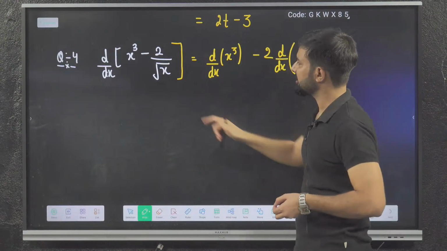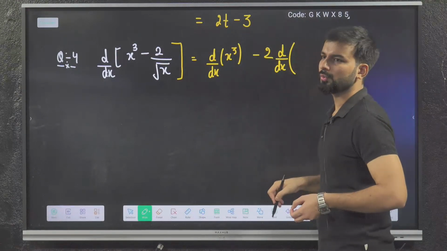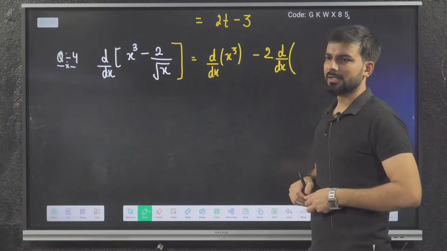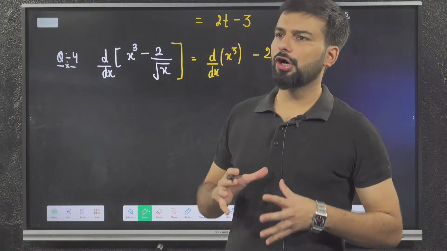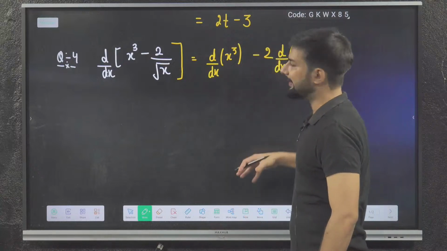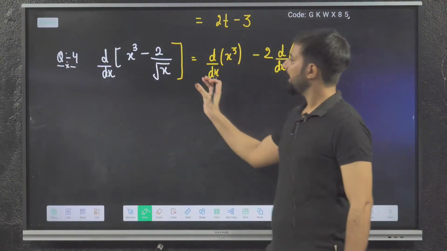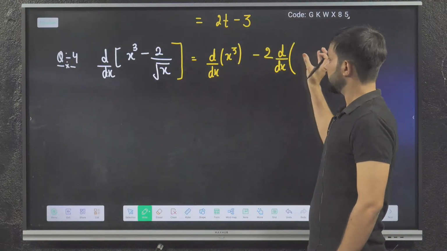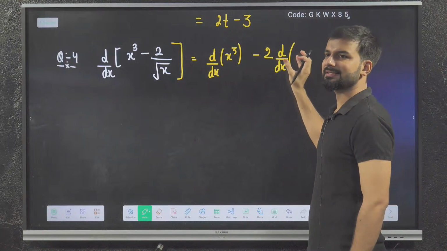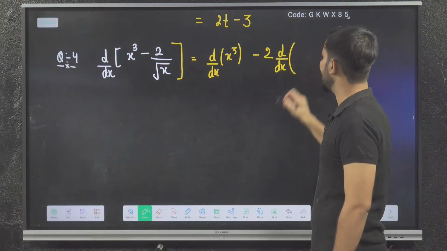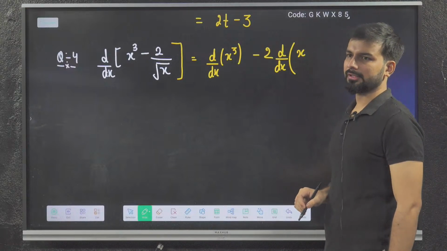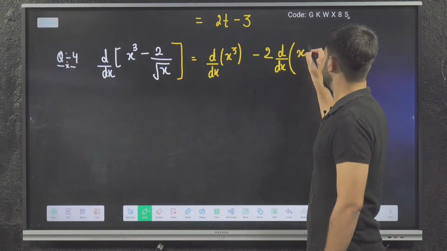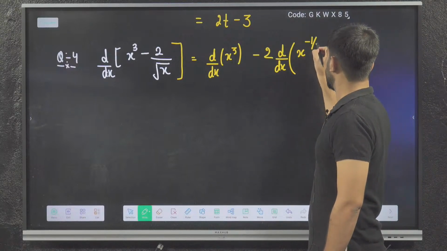Only root x. And for root x, according to the formula that I taught you yesterday, x will give the answer when it is in the numerator. So it will become x power minus 1 by 2.